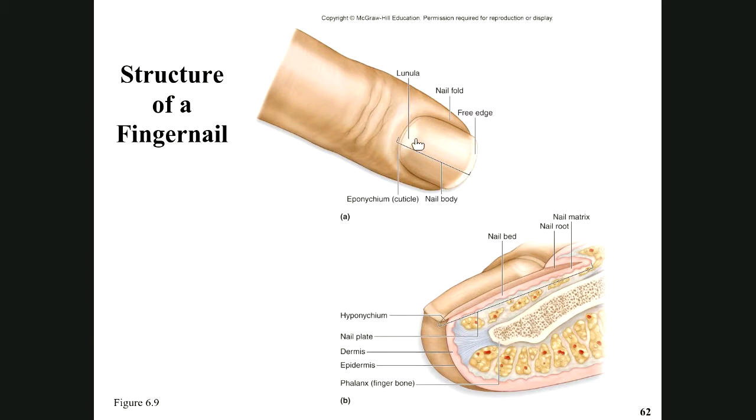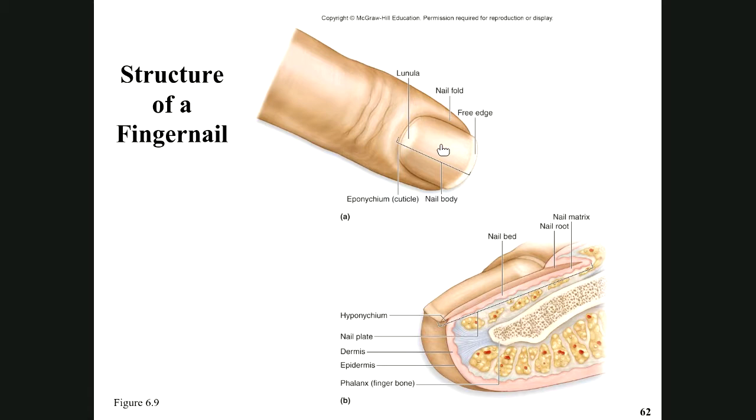Here you can see the nail. The distal part of the nail, which is white in color, is called the free edge. And we don't have any capillary beneath it. Because of that, the color is white. This part is called the nail body. The color of this part is pink because we have many capillaries beneath it.